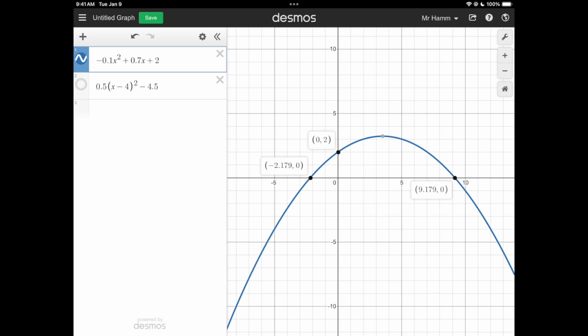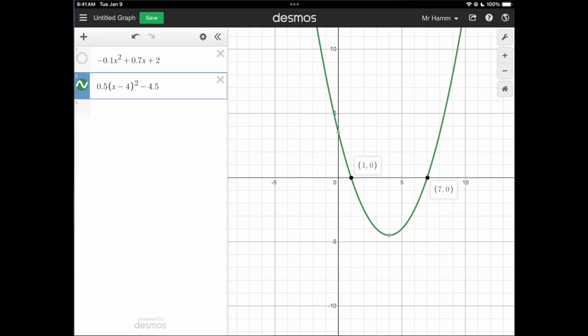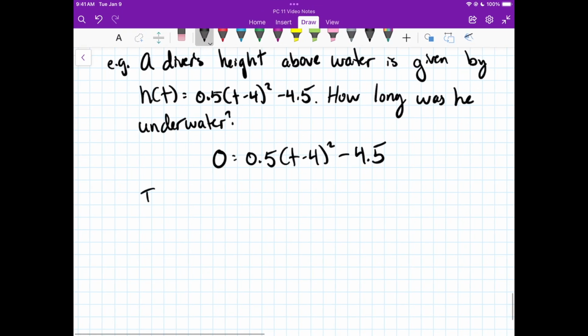I've already got it on Desmos myself. So if I hide the last example and then we look at this one, we see we get this graph. So if we look specifically at our intercepts, we've got intercepts at 1 and 7. So 1 second and 7 seconds.